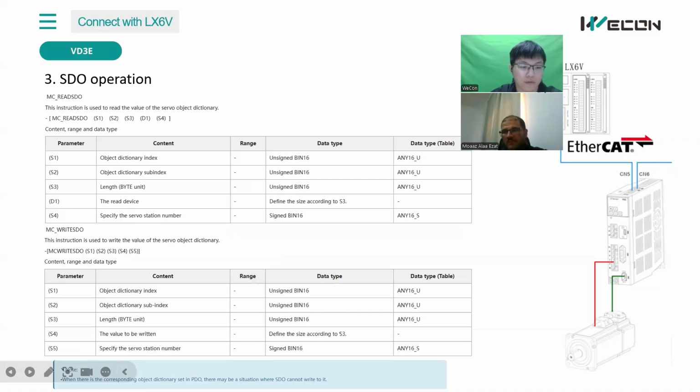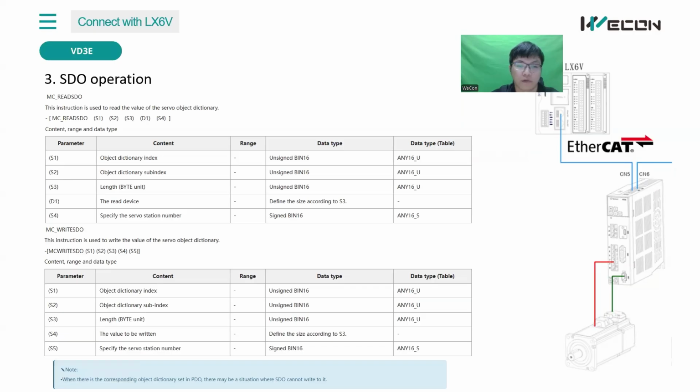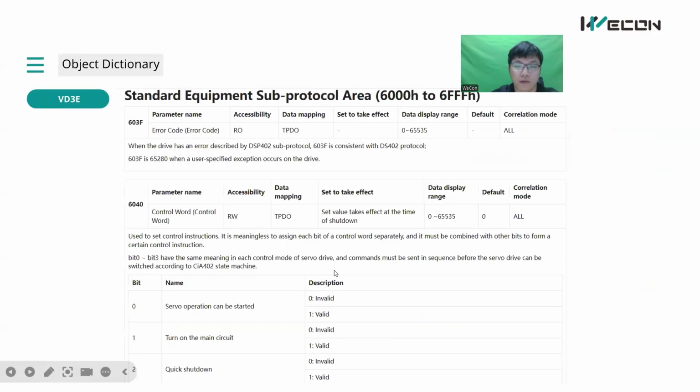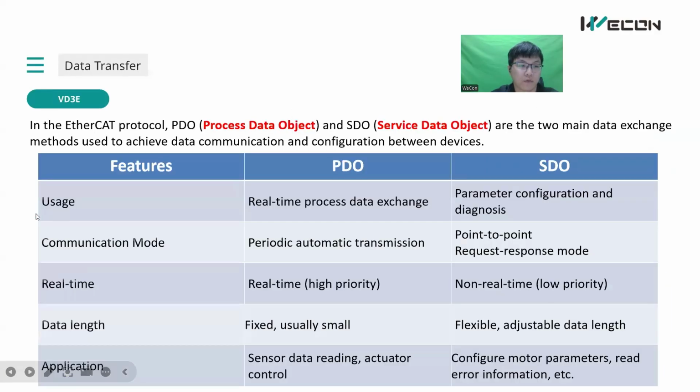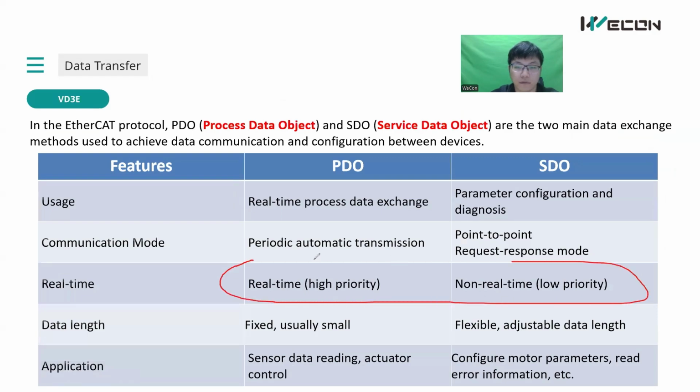When there is PDO configuration for some objects, usually using SDO to operate on them at this time will fail, because as we said just now, the PDO has a higher priority.